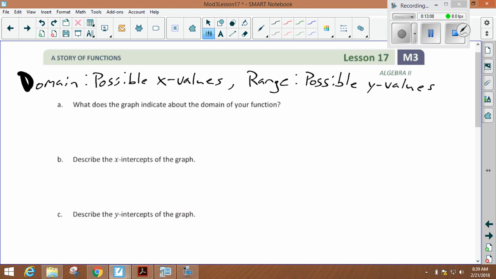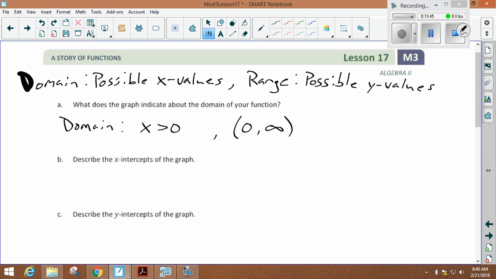So we could write our domain in terms of an inequality: x has to be greater than 0. We can also say that x is in the interval between 0 and infinity. So those are 2 ways to write our domain. This is not a set of coordinates.